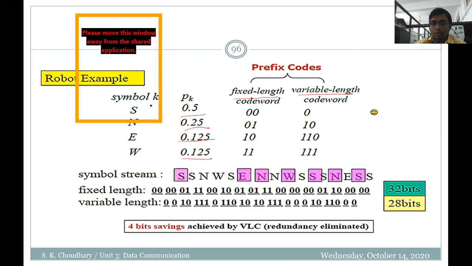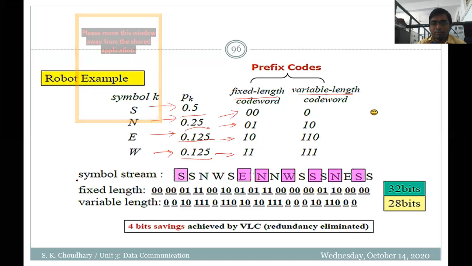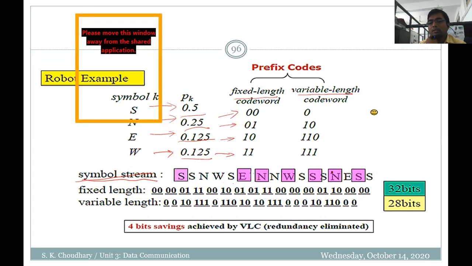Now, see the symbol stream, this is how the robot would walk. First it would walk south, then again south, then north, then west, then south, then east, north, north, west, three times south, then north, then east, then again two times south. So this is the movement of the robot.